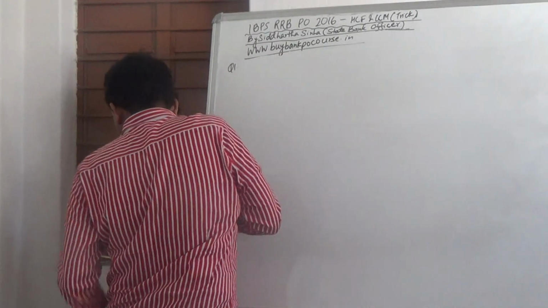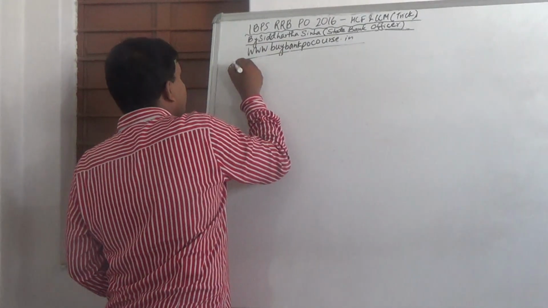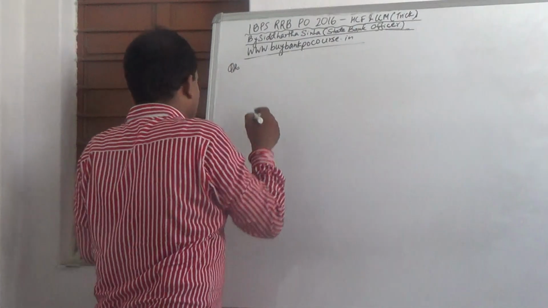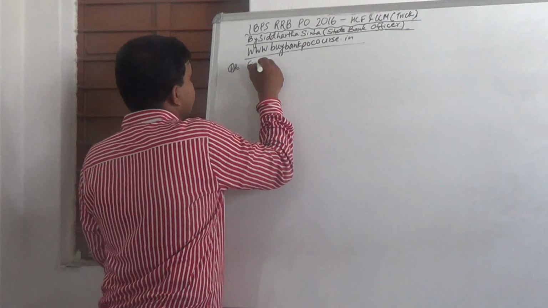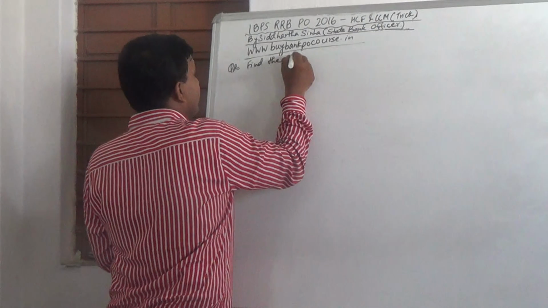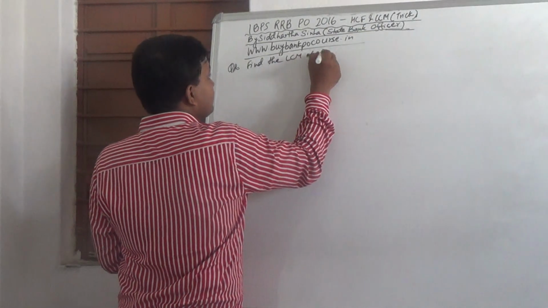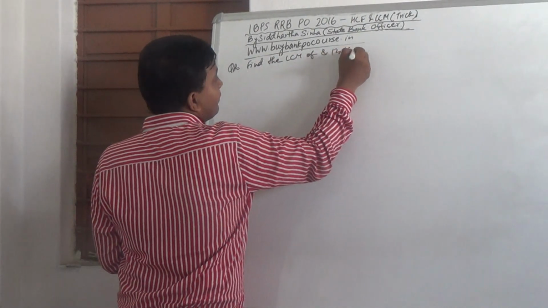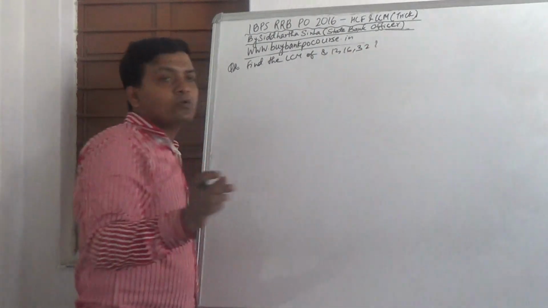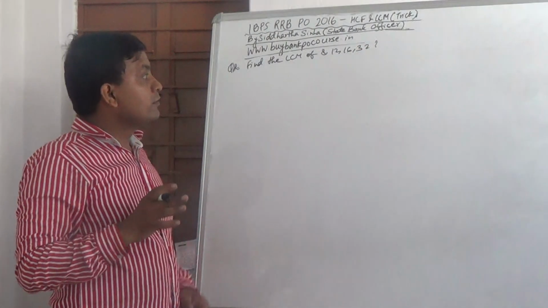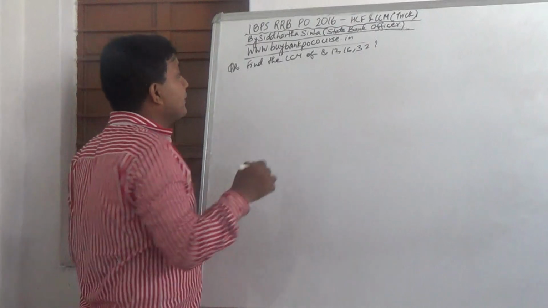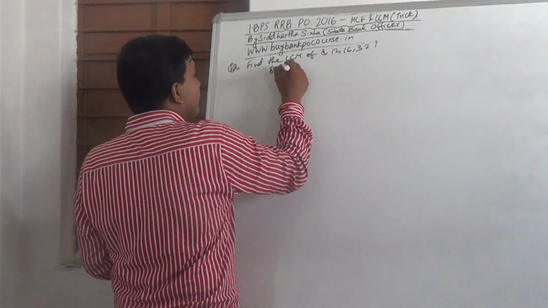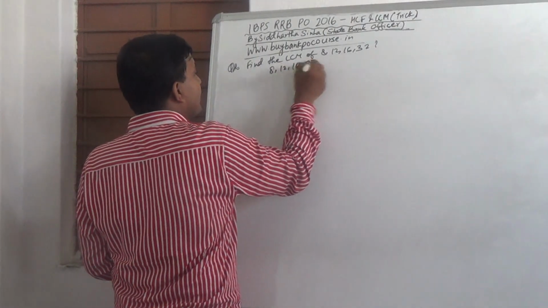Now let's solve question number 2. Find the LCM of 8, 12, 16, 32. Very simple. Take 8, 12, 16, 32 as common.